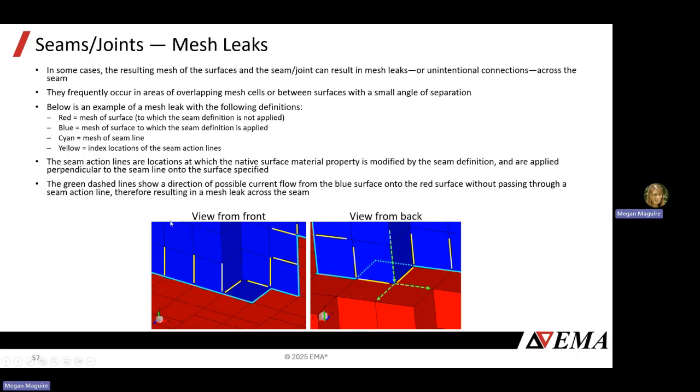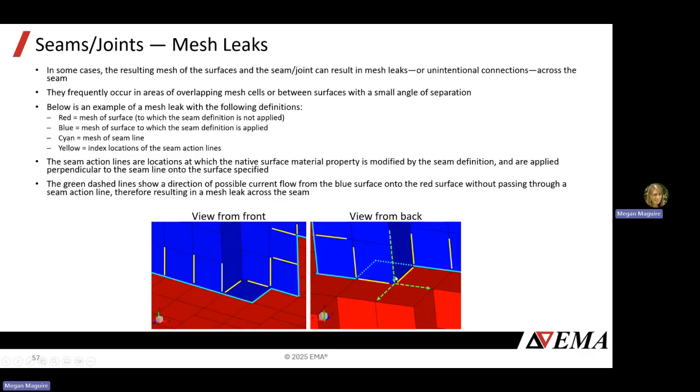I have a rib that's blue here going to skin that's red. I select the blue rib to apply the seam to, and then the cyan or greenish line is the line I selected for where it should be applied. The yellow lines are those meshed action lines, or how it's modifying the material. So you look at it from the front, it seems fine.